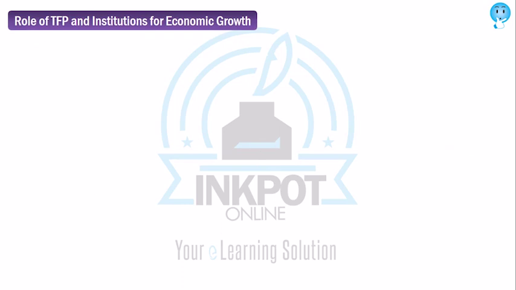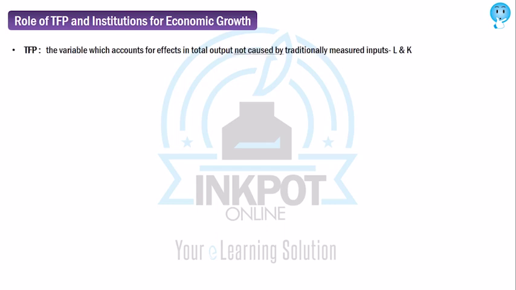Next. So apart from the above discussed factors, we also have TFP, which is total factor productivity, and institutions. Okay, first TFP. What is TFP? TFP is simply increase in efficiency. Increase in efficiency is TFP because it will not happen through the route of labor increase or capital increase.